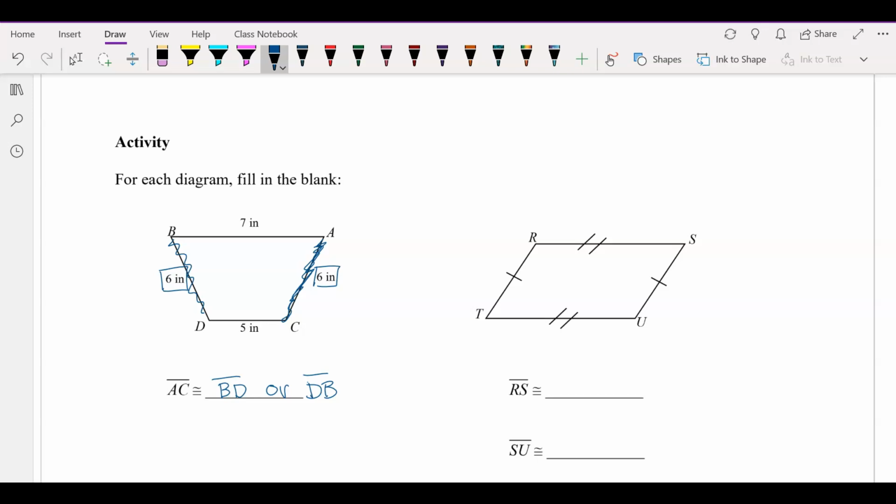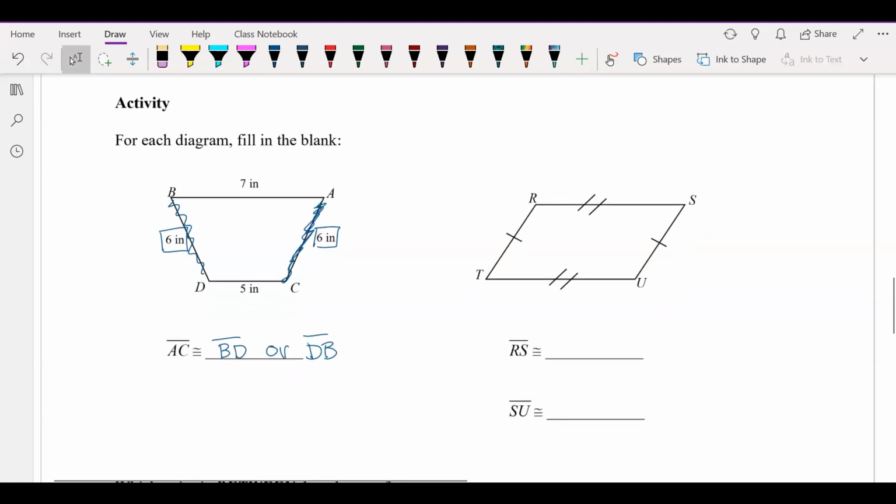BD or DB, either one is fine. Next over here, this one just has tick marks. So we notice that segment RS has 2 tick marks, and segment TU also has 2 tick marks. So then we'll have here TU with the segment above it, or you can write UT. Next, then we have SU, so we can either write RT or TR.